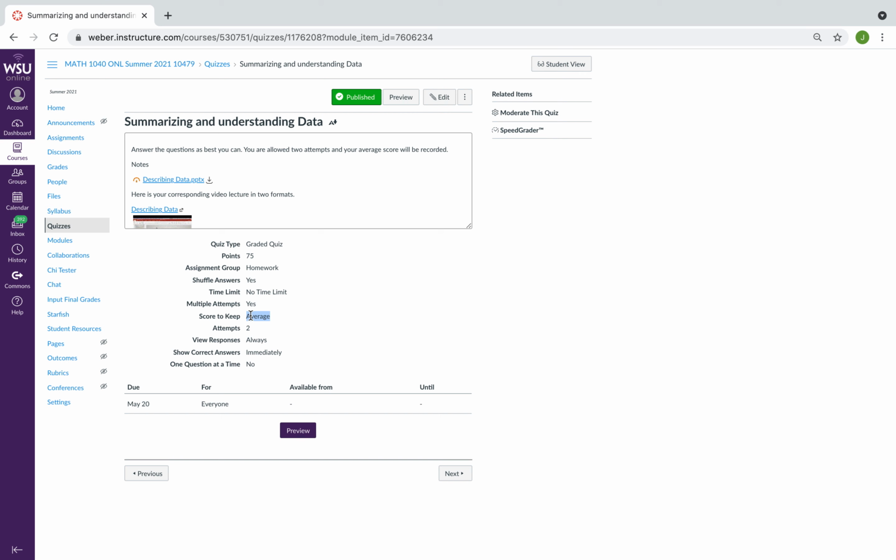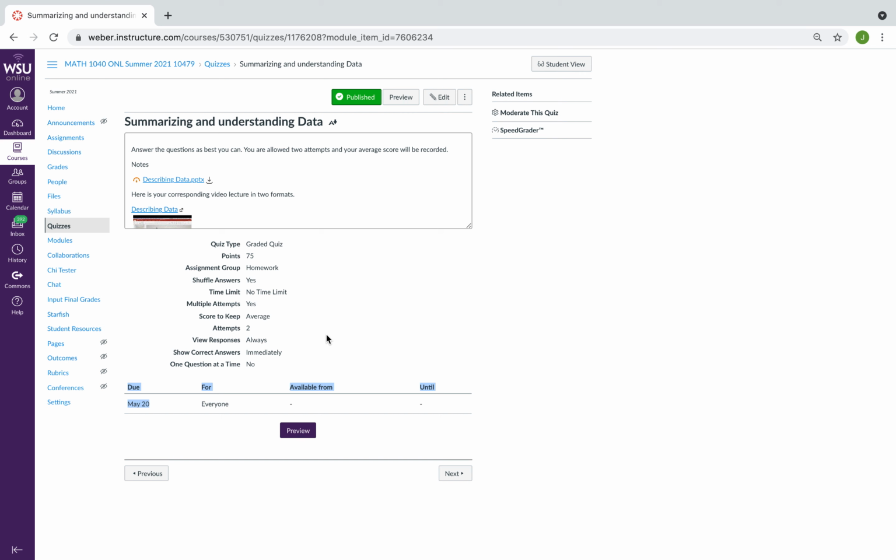Now be very careful when you take your quiz. I recommend completing both attempts before this due date of May 20th, and the reason why I do that is because there's a late penalty if you complete your quizzes after the due date. If you complete them after the due date, there's a 5% late penalty per day.